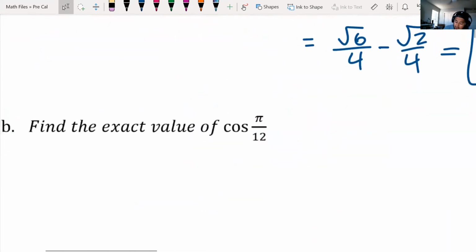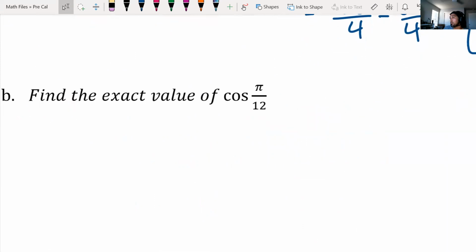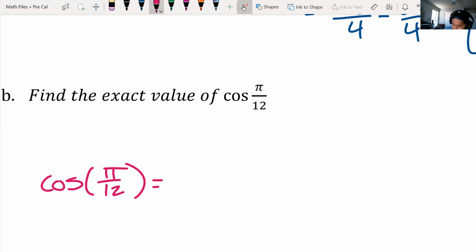All right. These ones are a little tricky, not too much though. So find the exact value of the cosine of pi over 12. All right. So we want to take pi over 12 and break it into two angles that are on the unit circle. And what may help you is first figuring out how to get pi over 12.